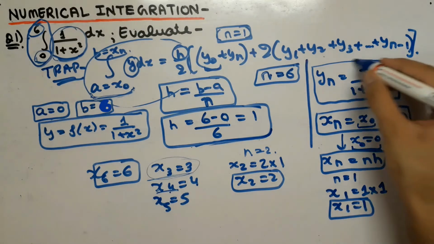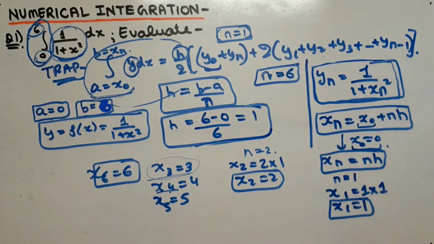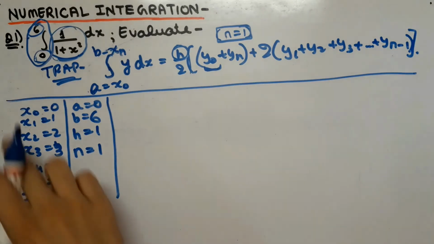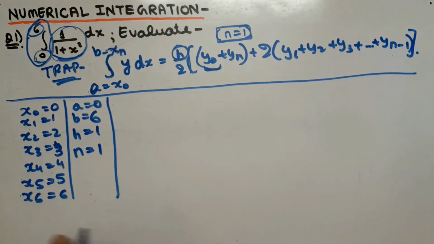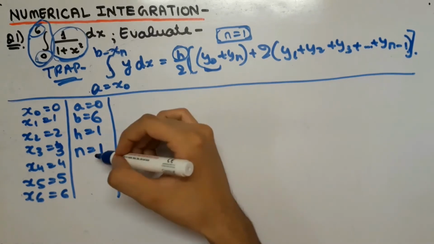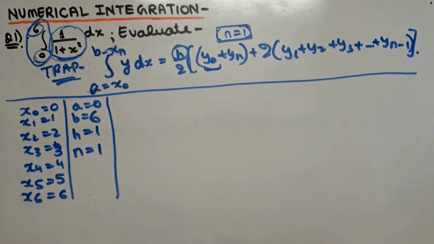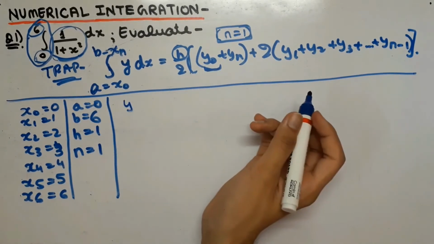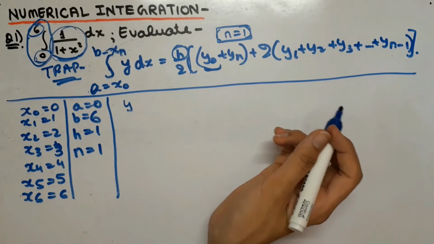Now we are going to find the value of yn. Previously we found out the values of x0, x1, x2, x3 till x6, and h as 1. Now we are going to use these and find the values of y1, y2, y3 and y4 and so on till n.